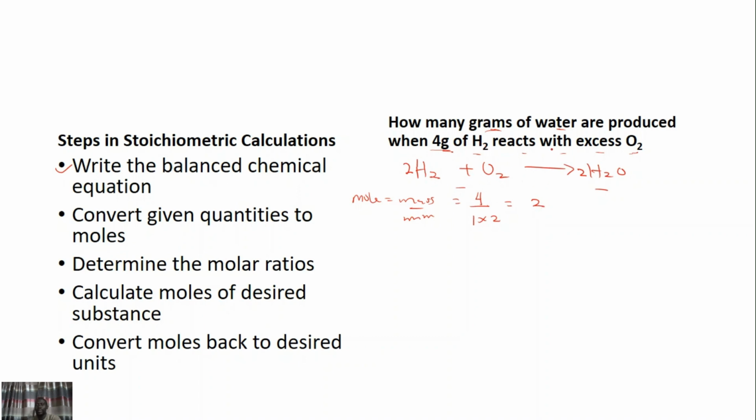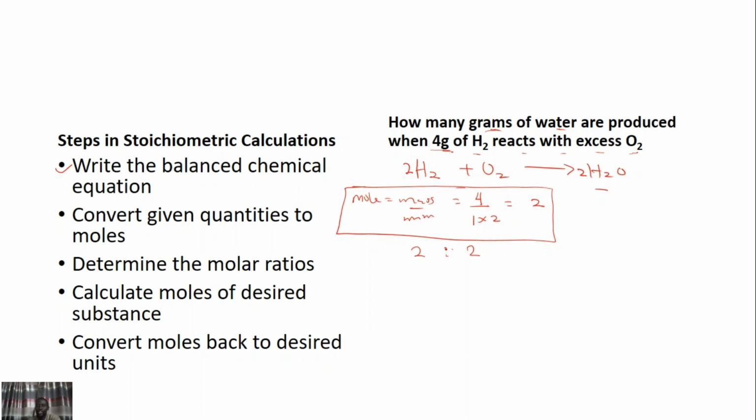Now we know the mole of gas that we have, but from our equation we need to know how many moles of water are formed when how many moles of hydrogen react with how many moles of oxygen. We can see that 2 moles of hydrogen will give 2 moles of water, meaning that whatever you give, you get, when hydrogen reacts with oxygen.